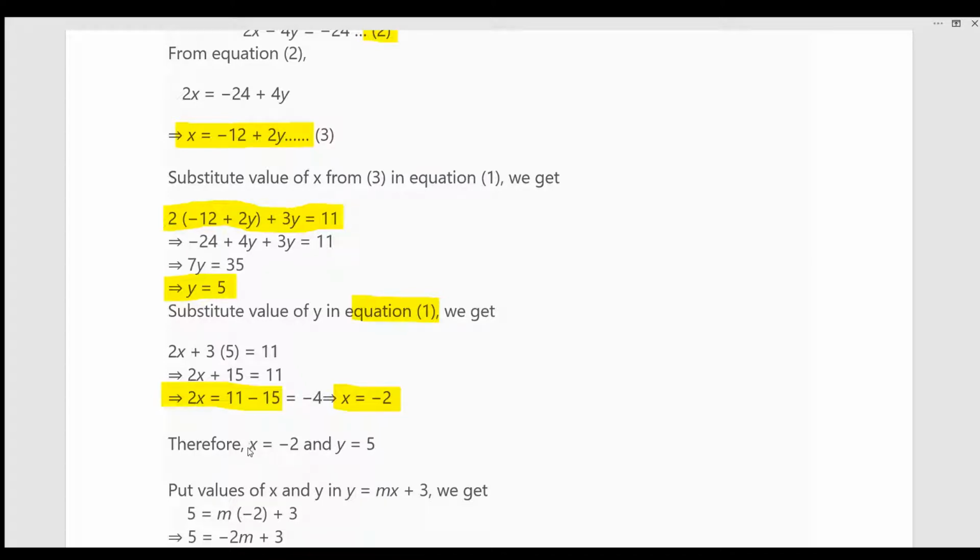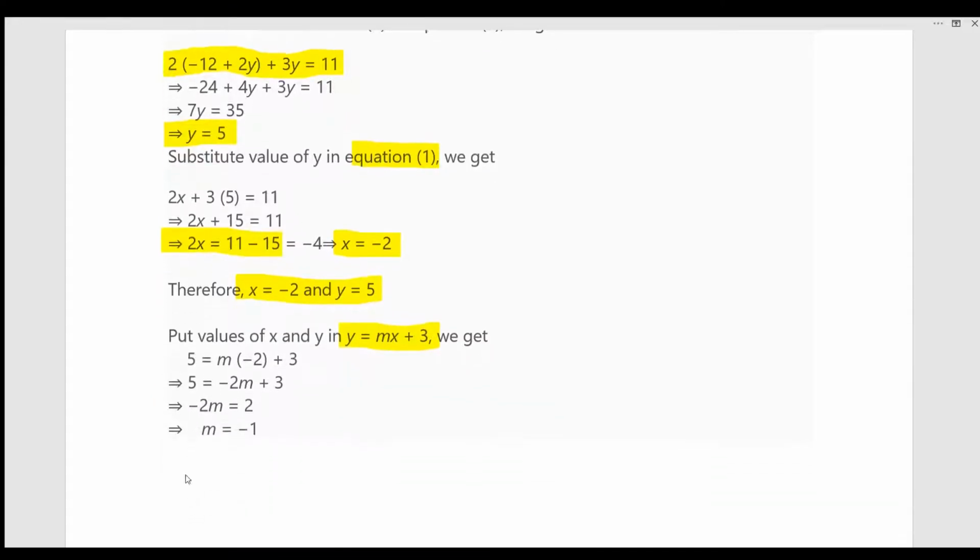Now this value of x and y we will substitute in the third equation, y = mx + 3. Let's see that. 5 = m(−2) + 3, since the value of x is −2 and the value of y is 5.